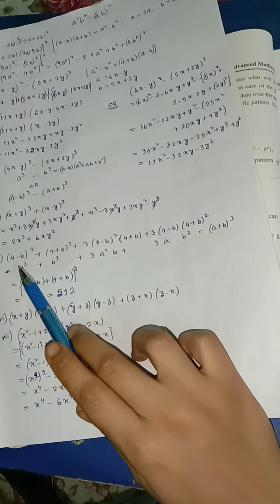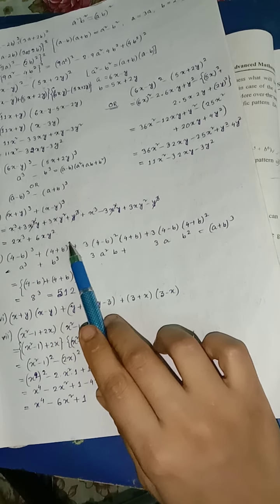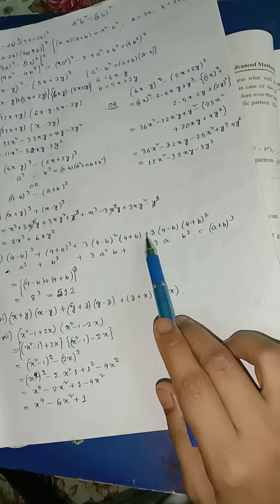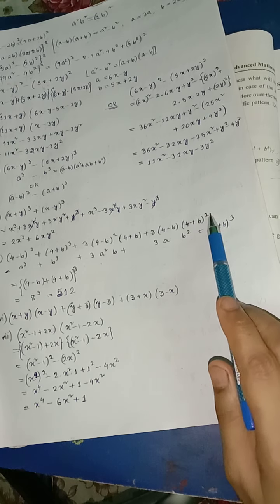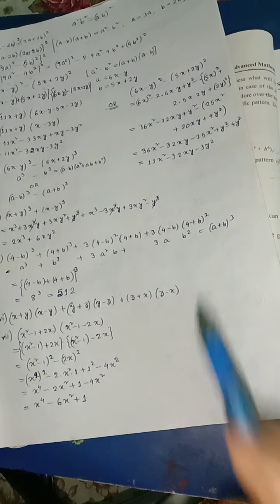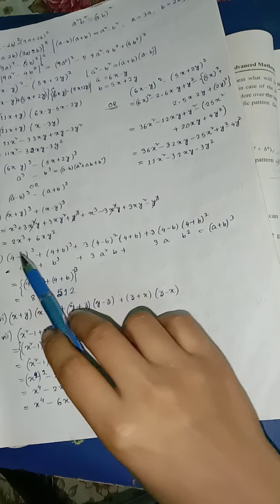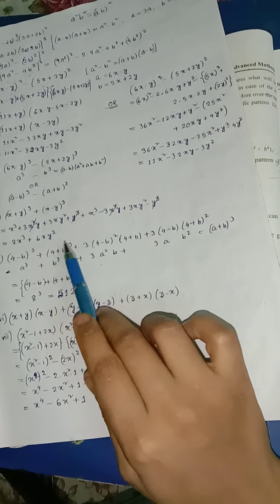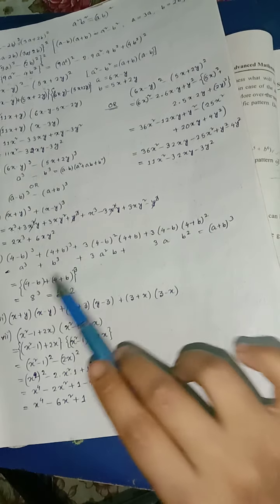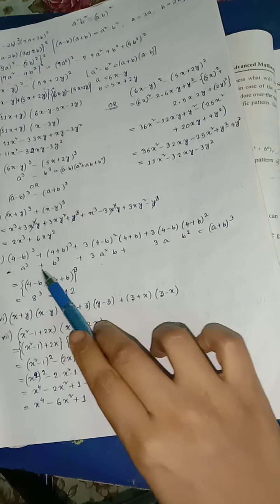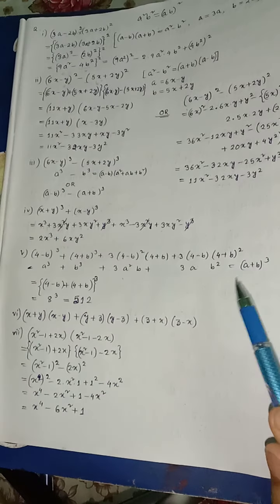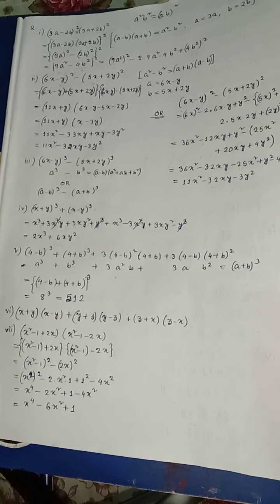So now question number 5 is (4 minus b) whole cube plus (4 plus b) whole cube plus 3(4 minus b) whole square into (4 plus b) plus 3(4 minus b) into (4 plus b) whole square. Can you notice that this question is following an identity? It is in the format of a cube plus b cube plus 3a square b plus 3ab square, which is our identity a plus b whole cube.